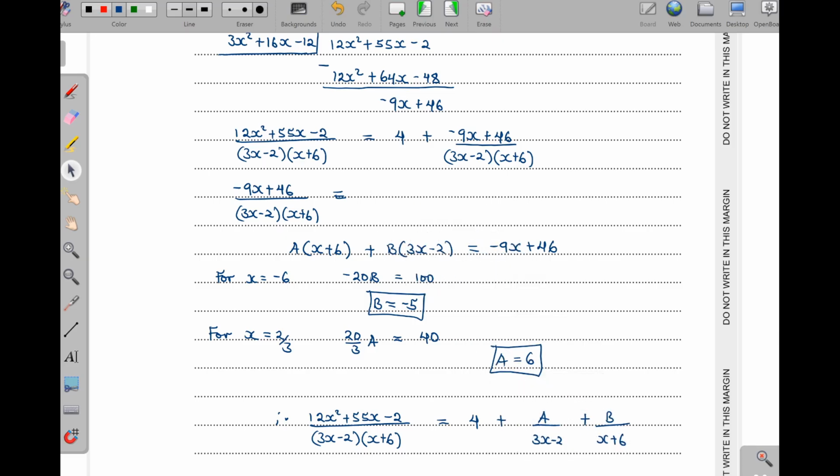So where there is a, then I will put a 6, and where there is b, I put a negative 5. So I can actually say minus here, then 5, and then this one here is a 6. So that is our final answer, as simple as that.